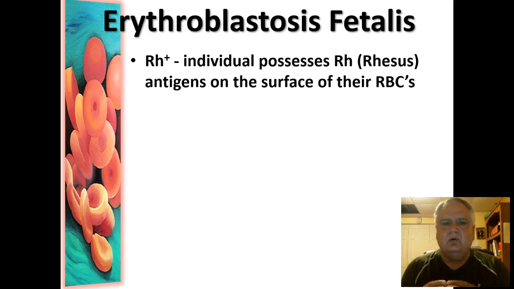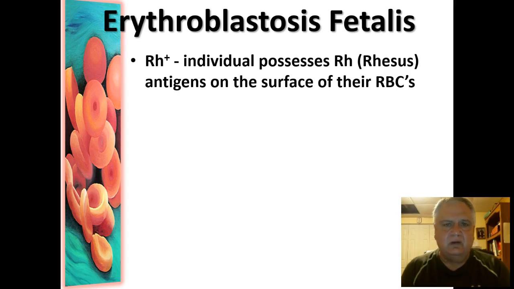Well, if an individual is Rh positive, that means that the individual possesses anywhere from 1 to 6 additional antigens on the surface of their red blood cells, designated as rhesus antigens. These are separate from the A and B antigens. These antigens were first discovered in the blood of rhesus monkeys, and that's where they get their name.